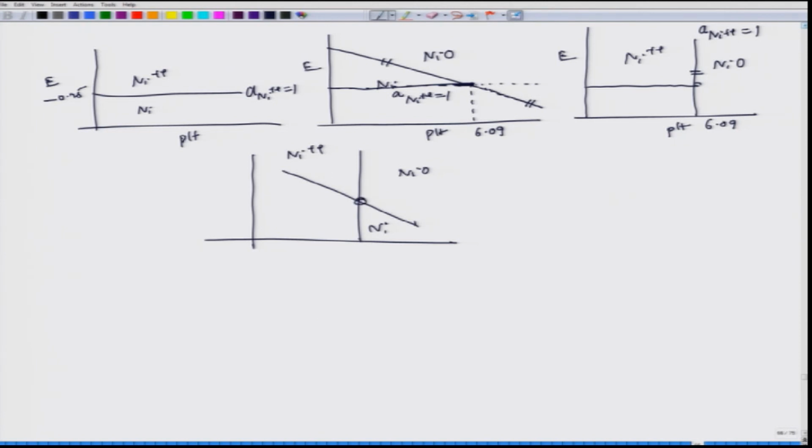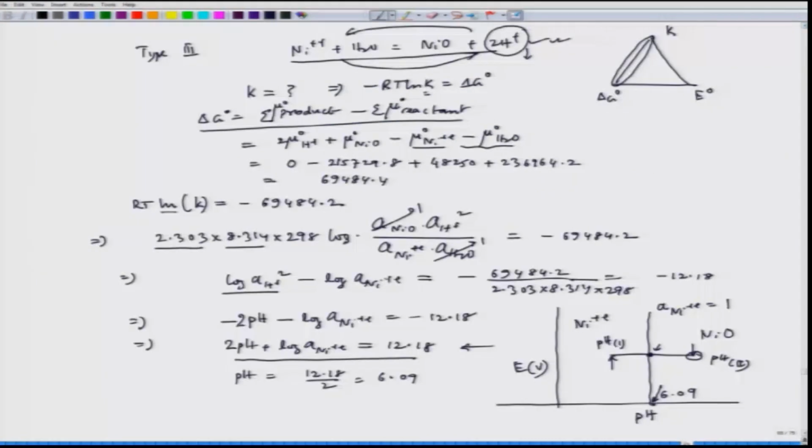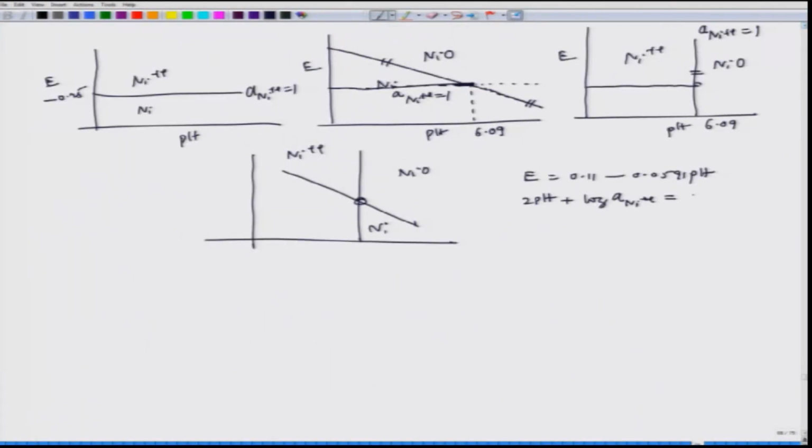So, we can definitely find this point by solving E equal to 0.11 minus 0.0591 times (2 pH plus log of the activity of Ni plus plus) equal to 12.18. And since we are considering this to be 1, then 2 pH equal to 12.18.